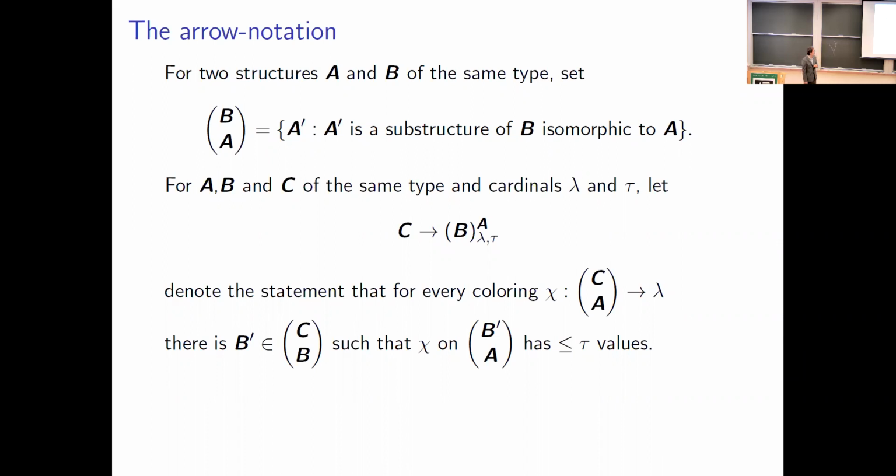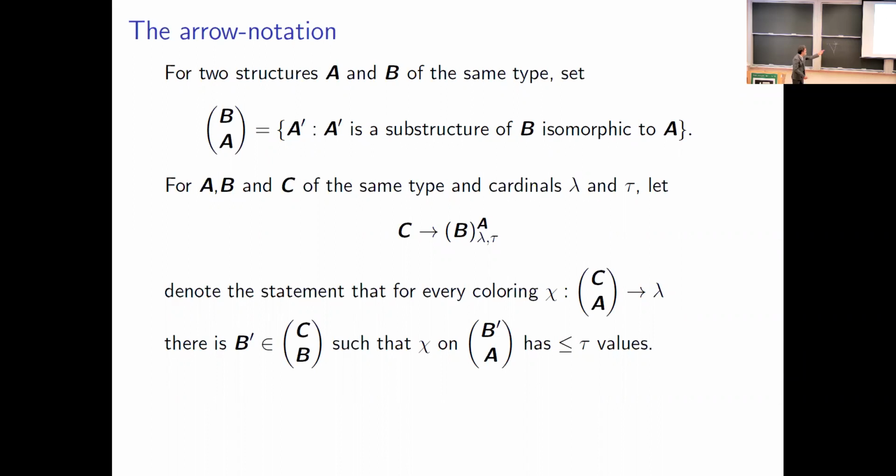The earliest place I looked at this was in Skolem's paper, the first one. He thinks about them as combinations. So it's simply substructures isomorphic. You can also think in terms of embedding, but let us not do it for the moment.